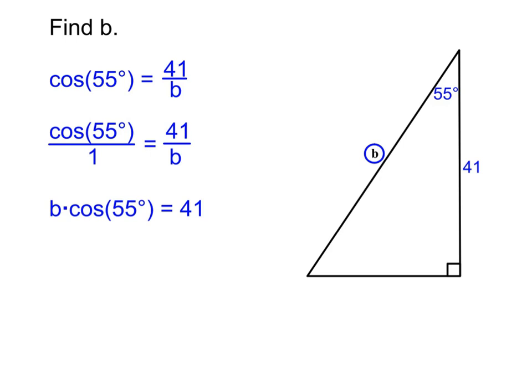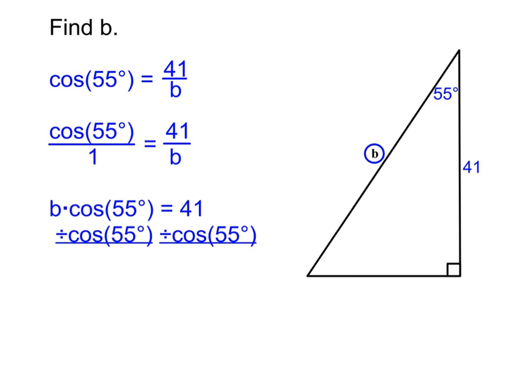Because right now you have b times cosine of 55. Well, if you had 2x and you're trying to solve for x, you'd divide both sides by 2, right? If I have b times cosine of 55 and I want to get b by itself, I can divide both sides by cosine of 55. And so we do that to both sides.